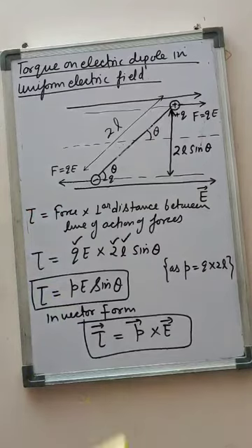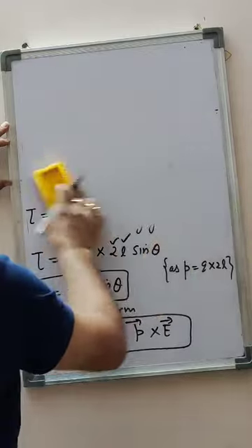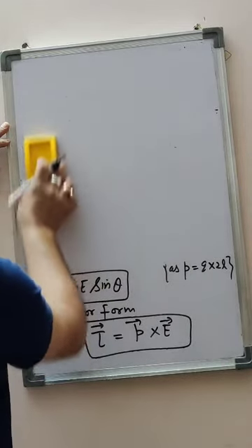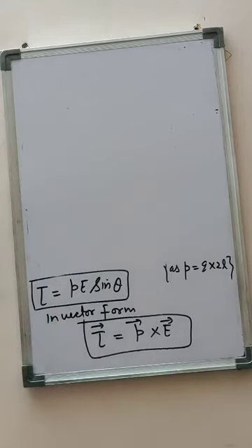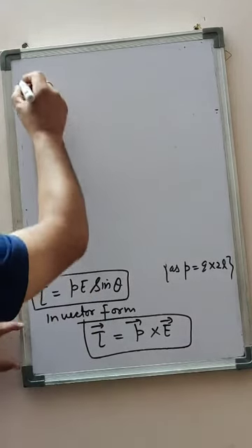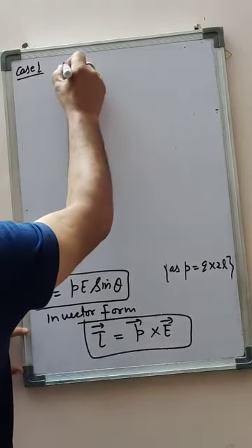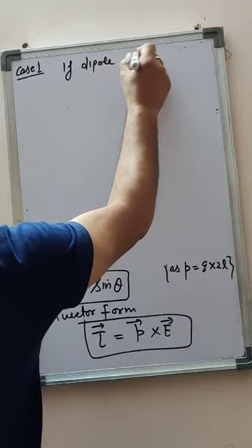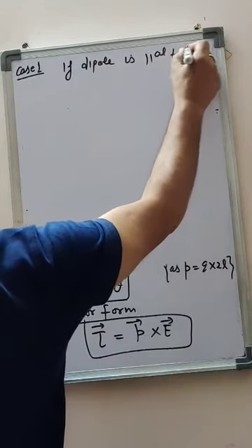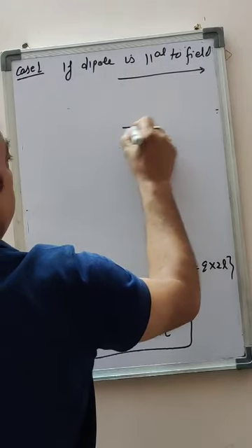Now here you have a few cases related to this derivation, and those cases will be important for 1 mark questions. First case, if the dipole is parallel to the field, this is the situation.